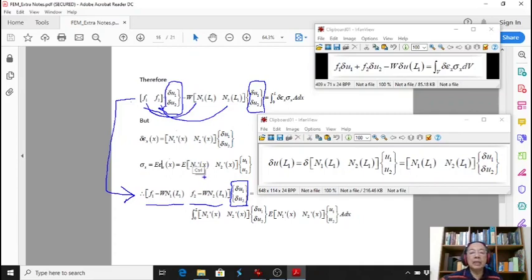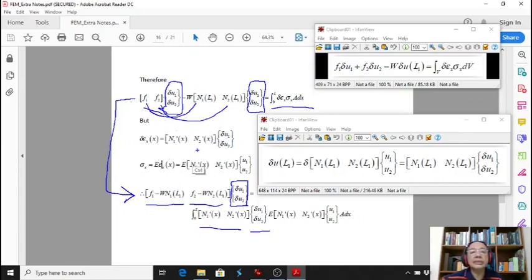Now consider the right-hand side of this equation. This is the integral from 0 to L of the virtual strain, which is N1 prime, N2 prime times virtual U1, virtual U2.